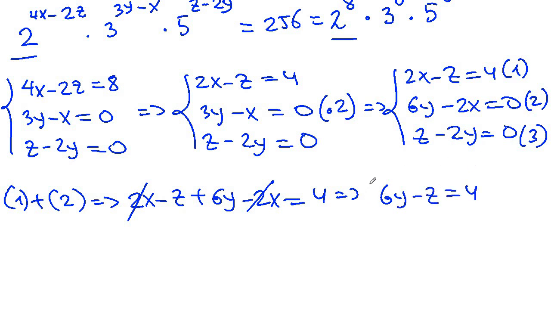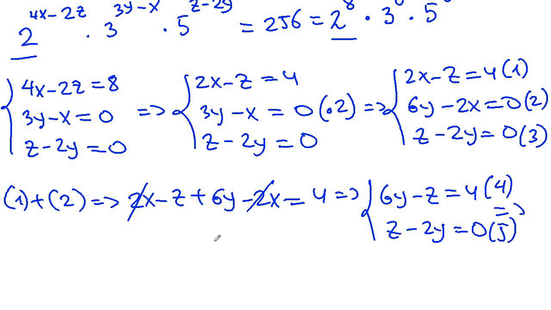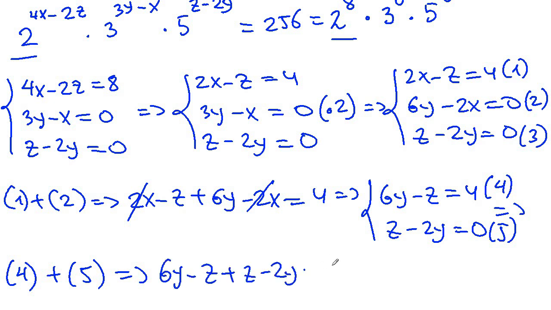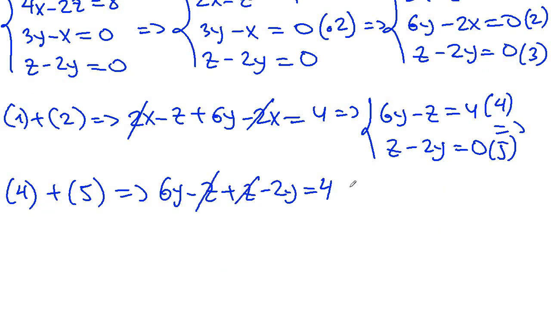Let me label this the fourth equation, and the third equation z minus 2y is equal to 0 is the fifth equation. Adding these two equations, I will get 6y minus z plus z minus 2y is equal to 4. Here z minus z will be cancelled, 4y is equal to 4, and y is equal to 1.